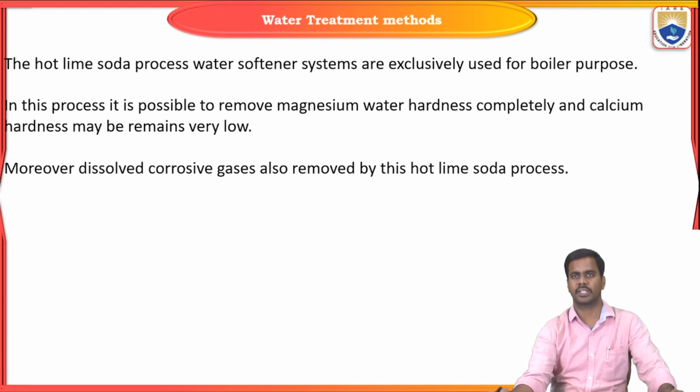Hot lime soda process water softener systems are exclusively used for boiler purposes. In this process, it is possible to remove magnesium water hardness completely and calcium hardness may remain very low. Corrosive gases also we can remove by this hot lime soda process.